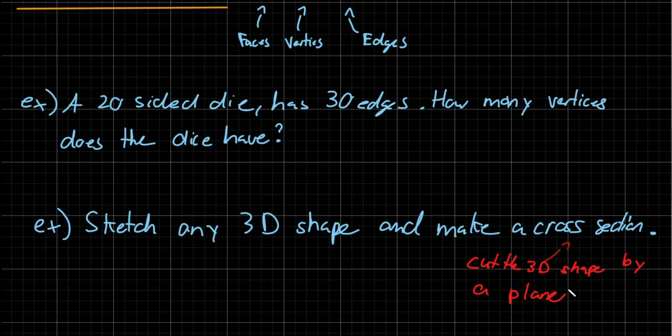Cross section. Cut the 3D shape by a plane. Take these parts and look at them. What shape? Make sure it's like a plane. Tetrahedron.